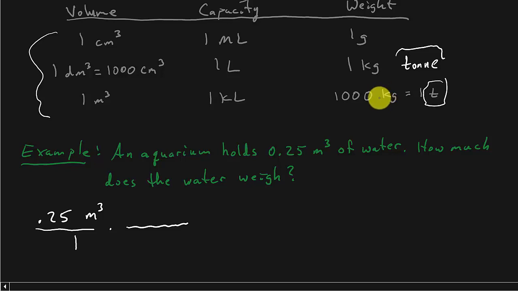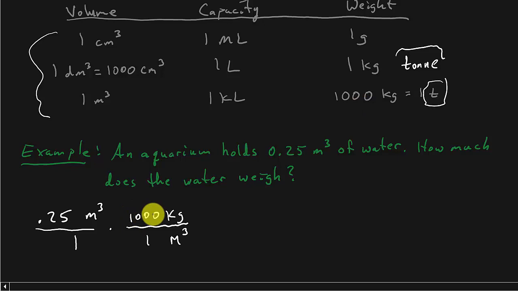So I've got kilograms, and then the cubic meter has to go in the denominator because we need that to cancel out. What does it say here? It says 1 cubic meter is equal to 1,000 kilograms.